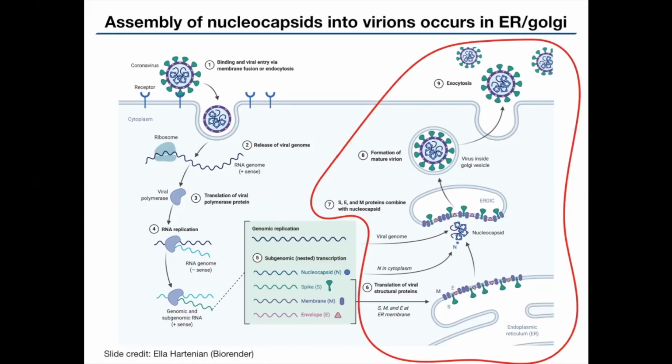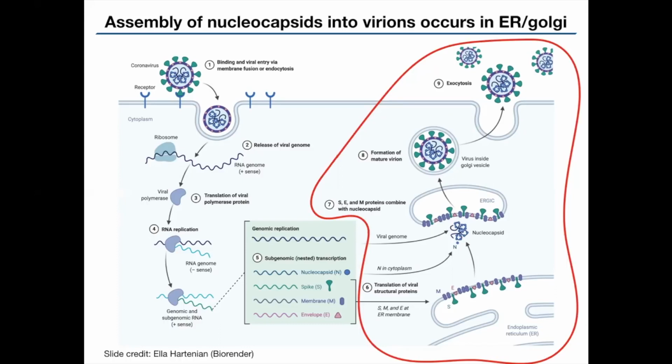Then these need to associate with the components of the viral membrane. These are the spike protein, the matrix protein, the envelope protein. These are all integral membrane proteins that are inserted into the endoplasmic reticulum. And then the nucleocapsid, which is bound to the viral genome, buds into these, perhaps in the Golgi intermediate compartment, labeled here as GIC.